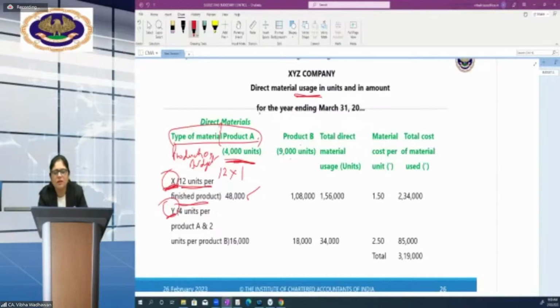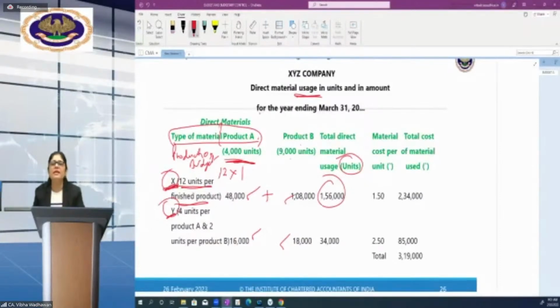So 48,000 units of raw material are required to produce 4,000, and for product B similarly material X and material Y. So for material X, 48,000 plus 1,08,000 units will be required for this production. Total units of material X required will be 156,000.